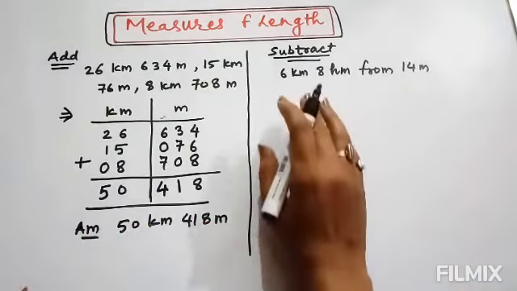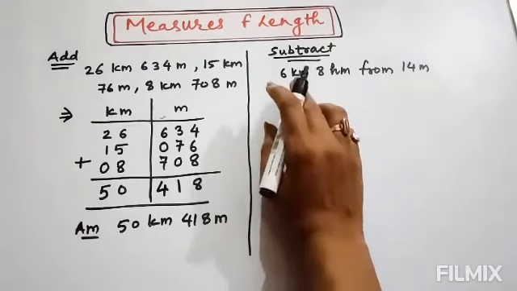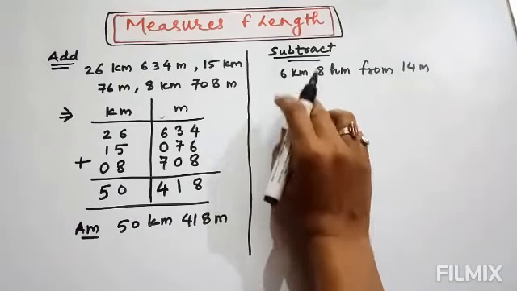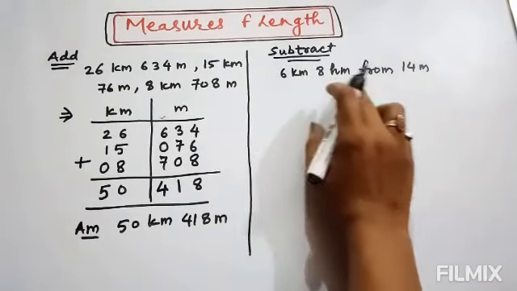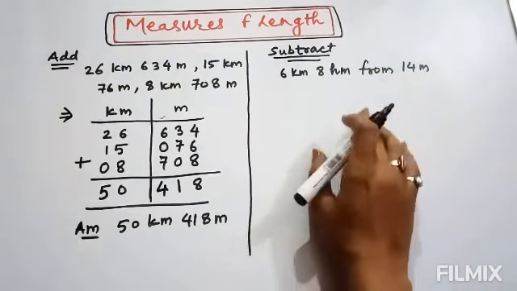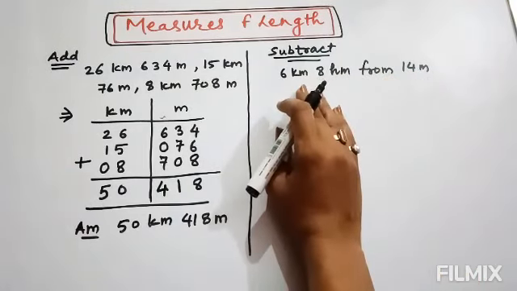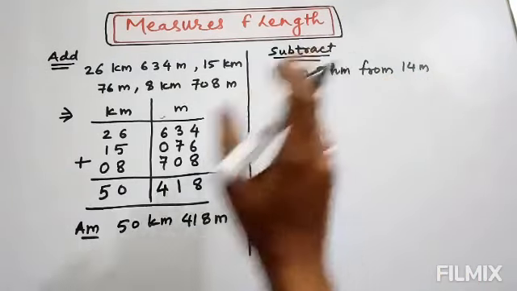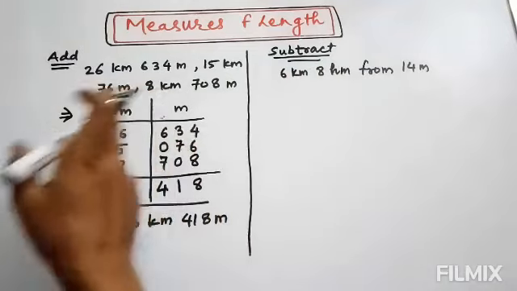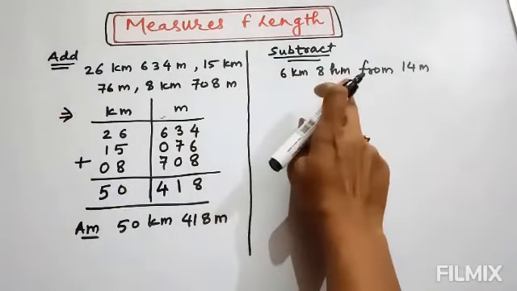Now the next question, of subtraction, is here. We have 6 kilometer 8 hectometer from 14 kilometer. In subtraction we need to arrange the greater number first and then subtract the smaller number from that. And we will separate the columns as I have already explained, as per the given units.